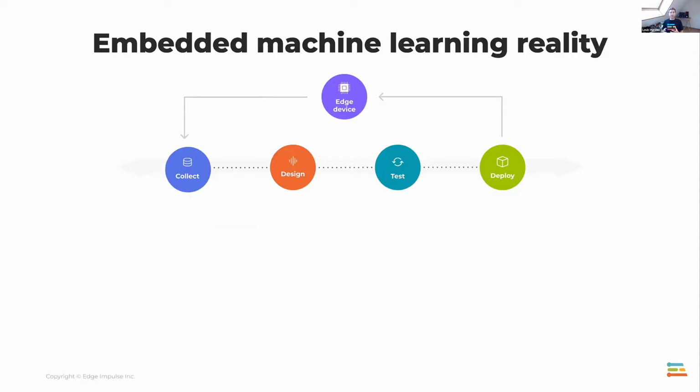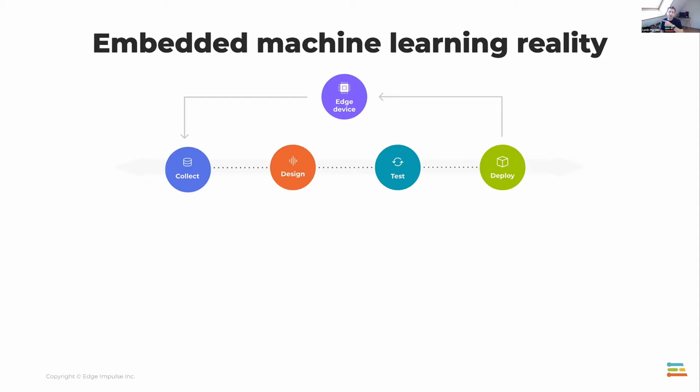And in embedded machine learning, the reality is that it's not that simple. We need to focus on the edge devices, and the edge devices have several constraints, whether it's the size, the RAM, the ROM. So we need to make sure the model we are going to deploy is accurate, so it provides accurate information, and the model will also fit on the device.